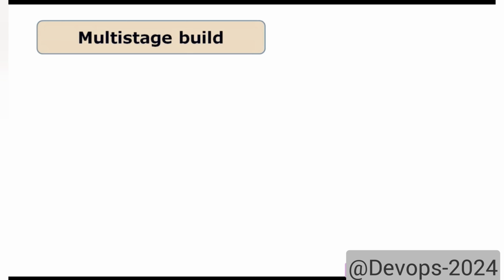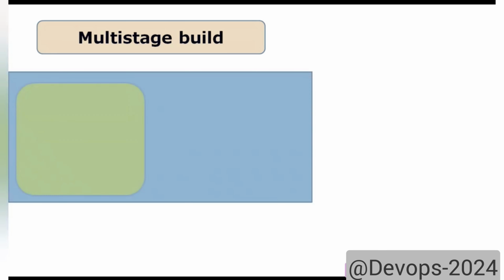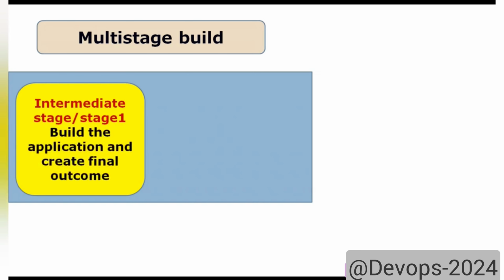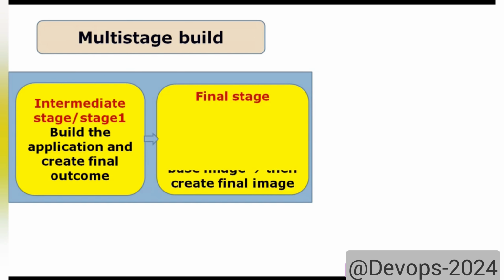Okay, as I told, the first Dockerfile we can use for the build. Let's see. Here I have taken a multi-stage build. Multi-stage build means in one Dockerfile we put two stages. One stage is equivalent to one base image and another stage is equivalent to another base image.